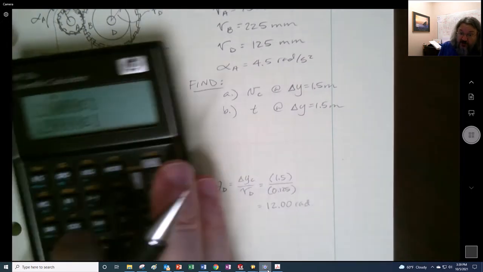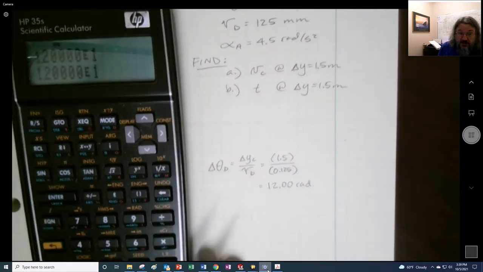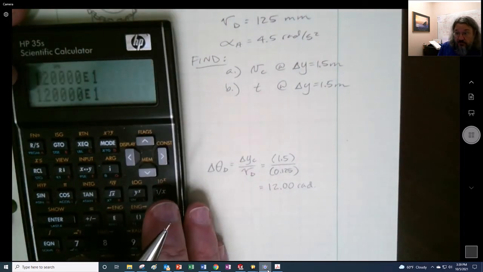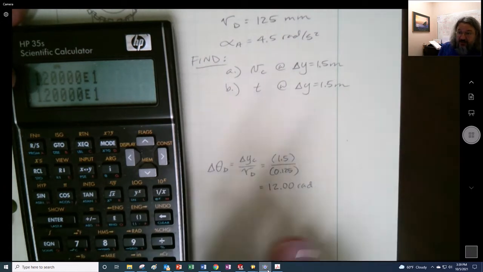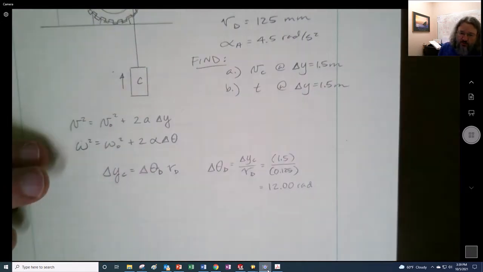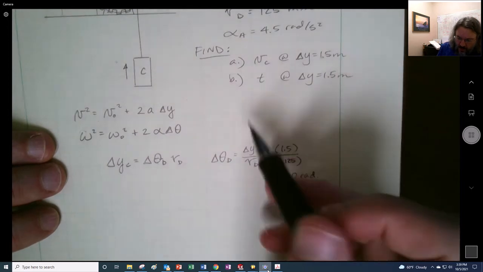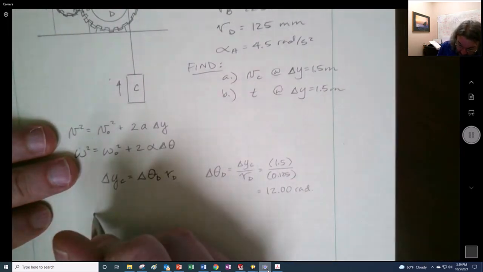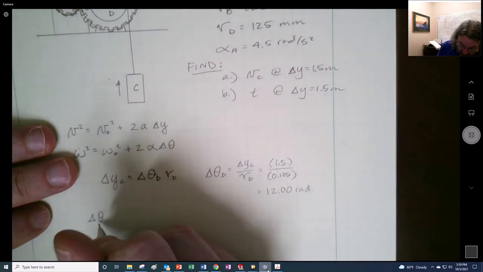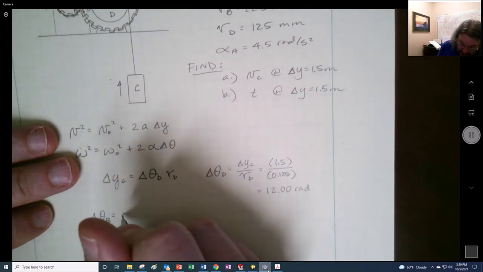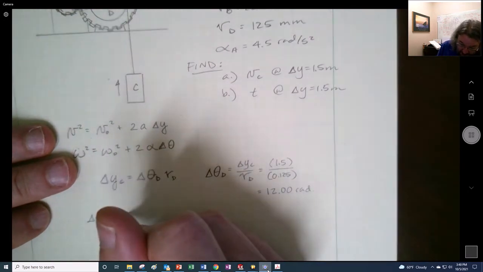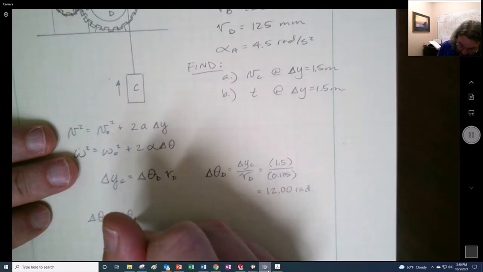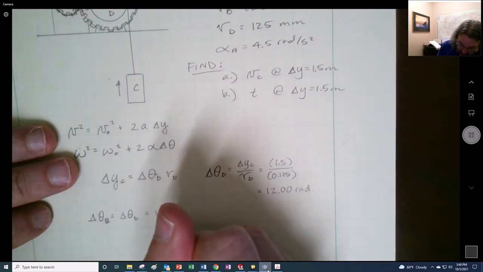If you're curious how many rotations that is, just divide that by 2 pi, and that's how many times it has rotated. But we don't really care. We just want to know with radians, right? But now we also happen to know that delta theta B is equal to delta theta D, right? So we know that's 12 radians.